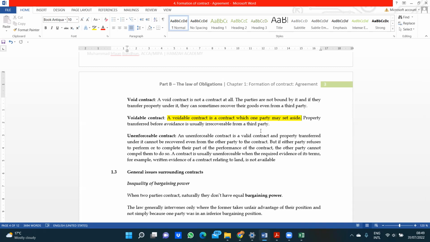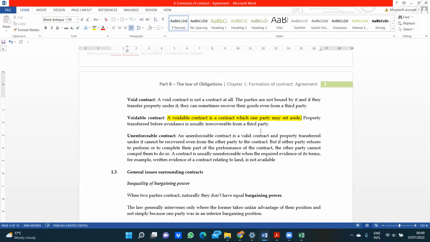Misrepresentation, all these things render a contract voidable. Okay, and also a contract is voidable if the agreement is actionable but the circumstances surrounding the agreement are questionable by nature.